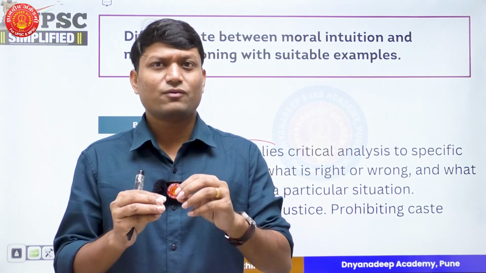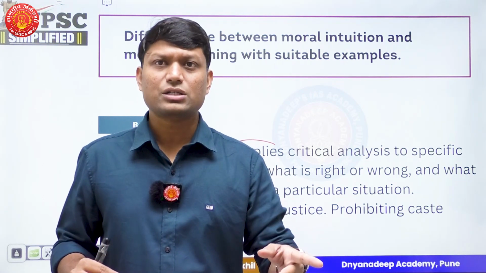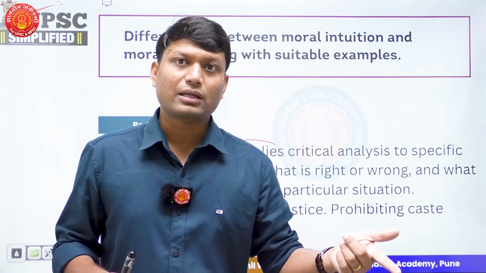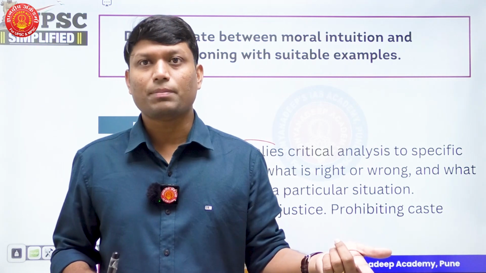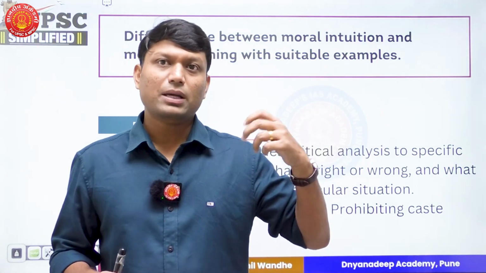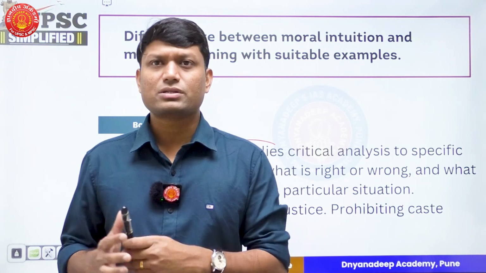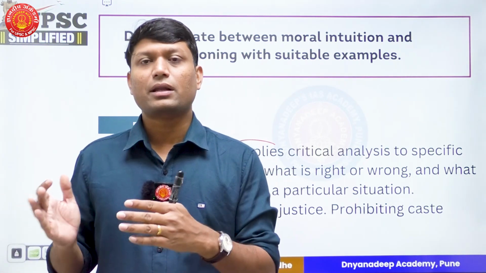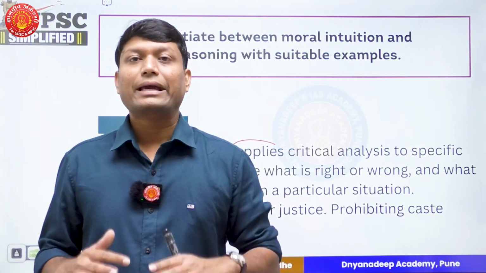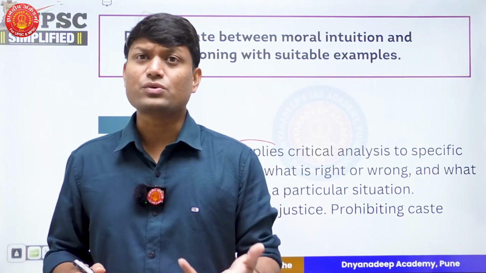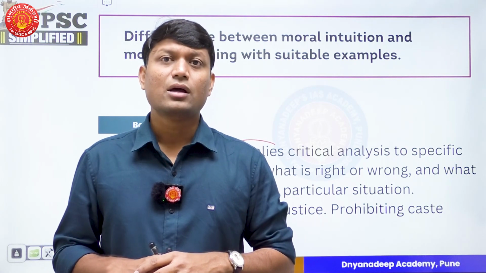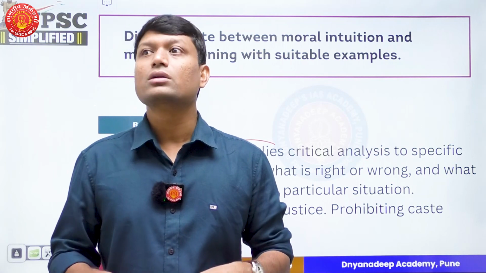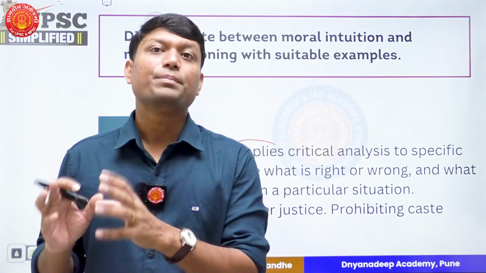Now with the very same example, you can explain both of the conditions, or you can give different examples also. Let's say there can be one more example. Most of the time we have a situation of an accident, and when there is an accident, people neither call authorities nor help the person who is affected. But there are some good Samaritans who will act on their intuition, spontaneously, and help out the people who are affected.